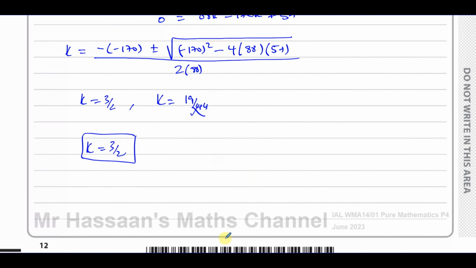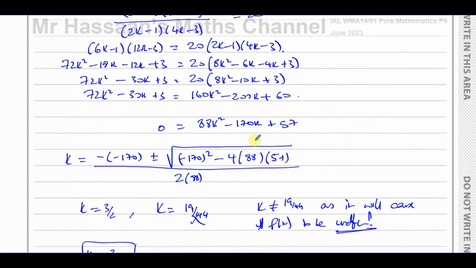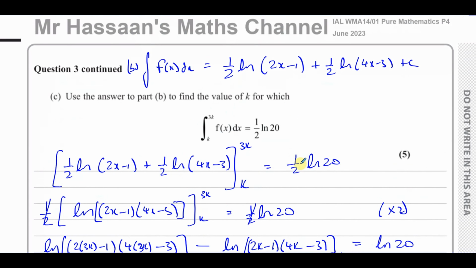K has to be greater than 3/4 for us to be getting a proper solution. So k cannot be equal to 19 over 44, as it will cause f of x to be undefined. Okay, so that's basically what we can say about this question, and I hope that was clear.